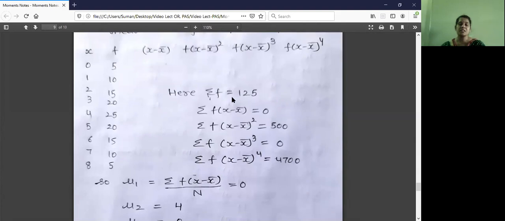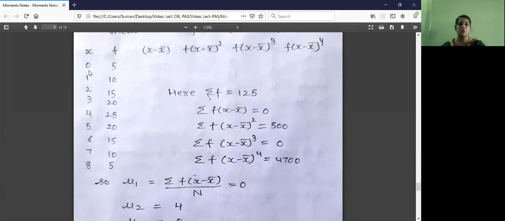First, keep in mind the formulas of the first, second, third and fourth moments according to the actual mean. First we find x bar. The formula of x bar is summation x divided by the number of terms.